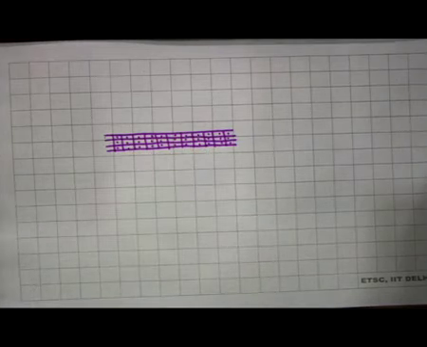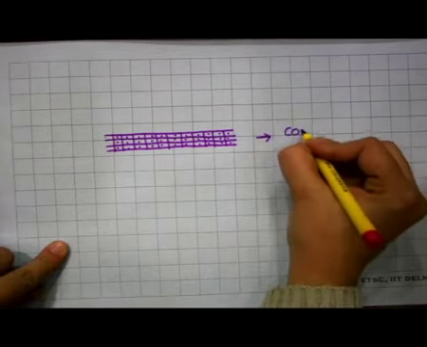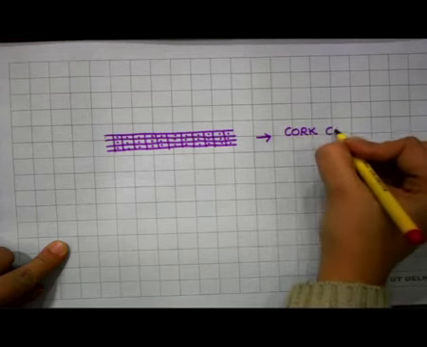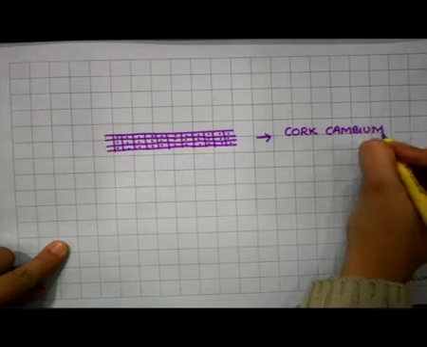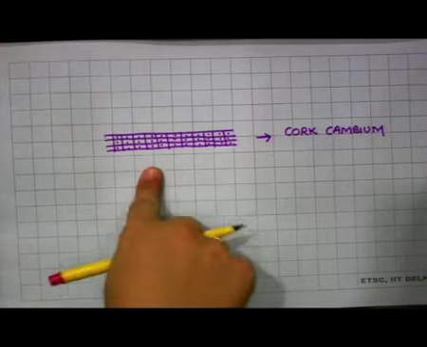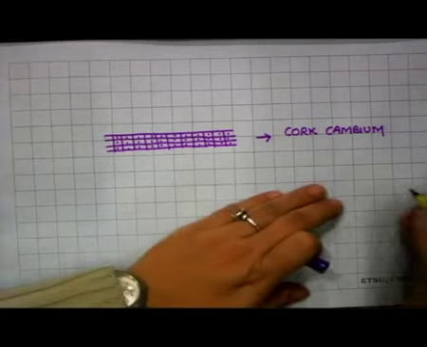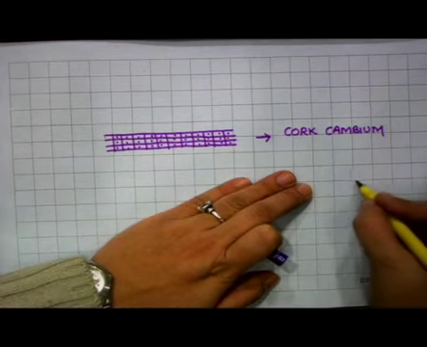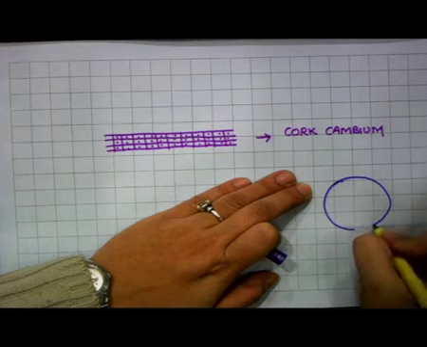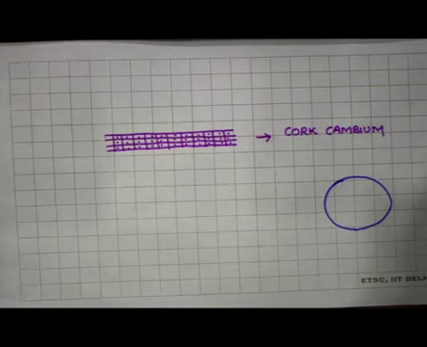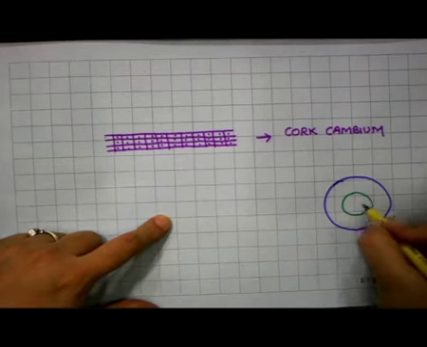Now, let us say that this is the cork cambium. By the way, are you clear where this layer has developed? Inside the stem. I will draw a quick small diagram for you. You can see it here now. Suppose this is the stem and this is the stele where a lot of secondary growth has taken place now.